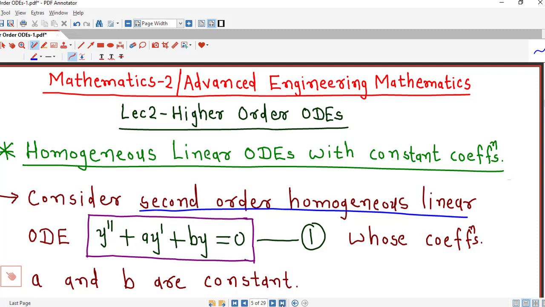So as we have discussed in the previous lecture, the standard form of a second order homogeneous linear differential equation with constant coefficients is y'' + ay' + by = 0, where a and b are constants.